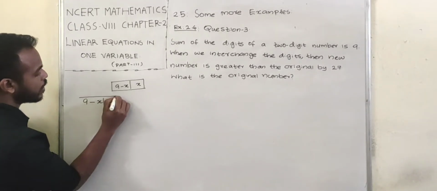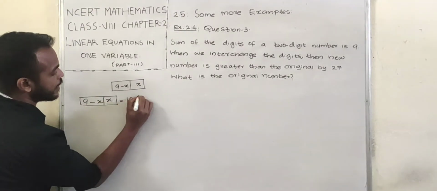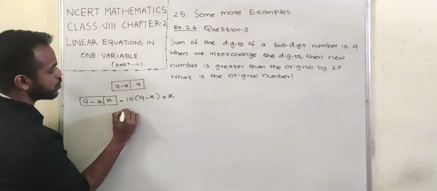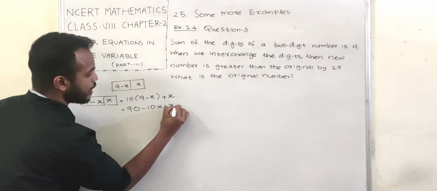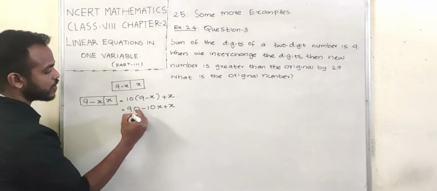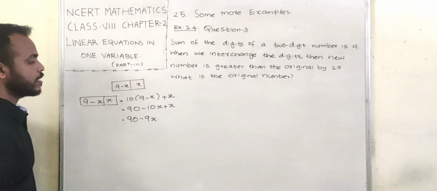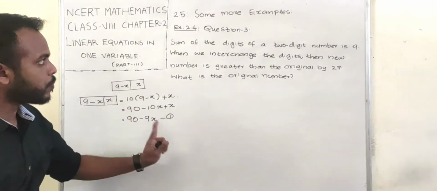This is the same as 10 into 9 minus x plus x. So 90 minus 10x plus x. We can simplify this, which will give us 90 minus 9x. So this is our first part.